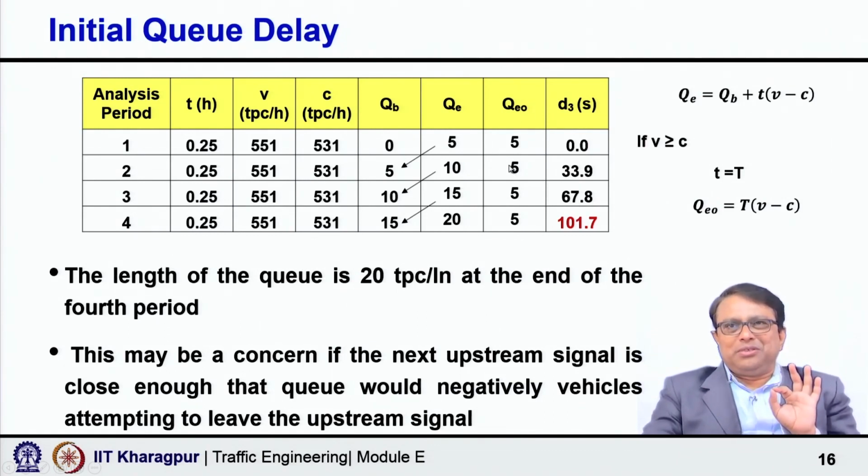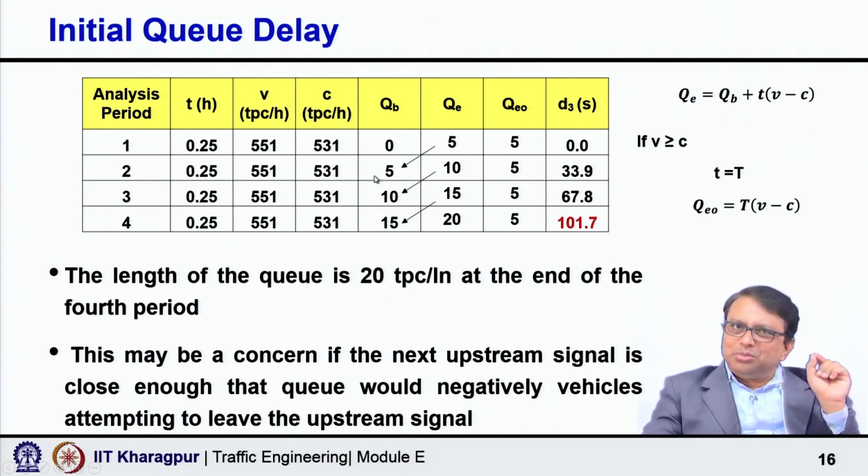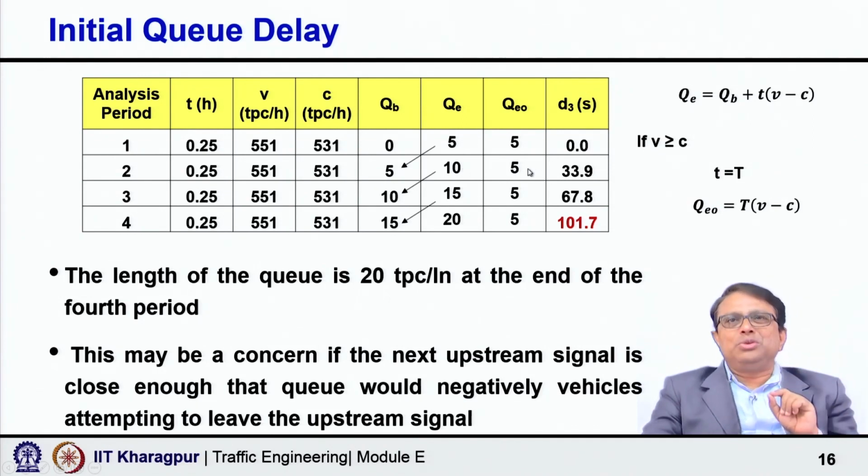That is the meaning. So, what will be the actual QE? Then it will be QB plus Q E 0. So, you get 10. Now, 10 will come here, again you will find Q E 0 is 5. So, what will be QE?